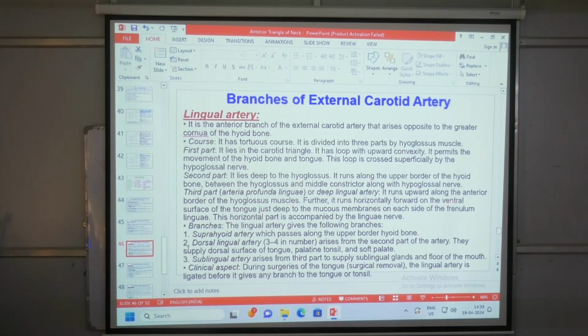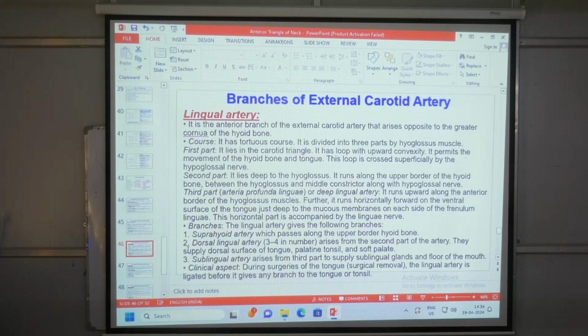It runs upward along the anterior border of the hyoglossus muscle. Further, it runs horizontally forward on the ventral surface of the tongue, just deep to the mucous membrane on each side of the frenulum linguae. And the horizontal part is accompanied by the lingual nerve.